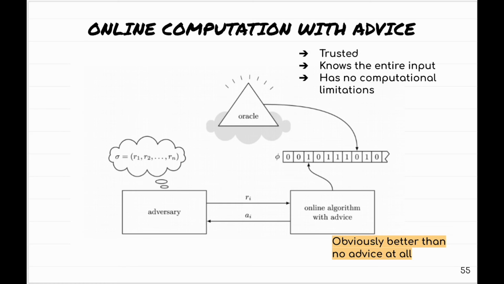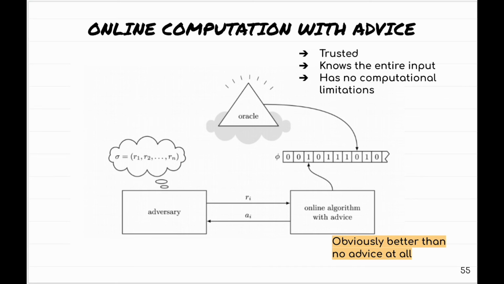It could be the whole input, it could be the actual output. And the goal is that the online algorithm and the oracle work together so that they can try to produce the best possible answer for the adversary. So, the oracle is a trusted entity by the online algorithm and knows the entire input in advance, and it also has no computational limitations.